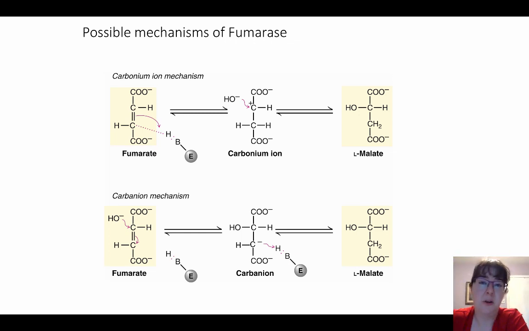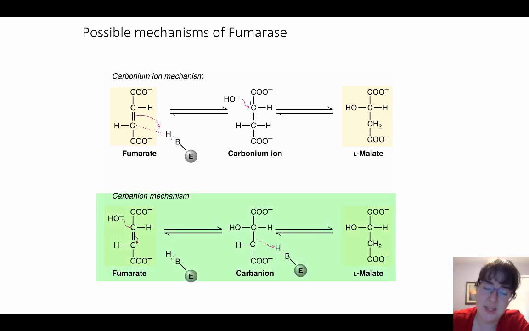So both of them are going to involve a hydroxyl group. Both of them are going to involve a proton from the enzyme. So they have that in common. The question is what happens first? So in the carbonium ion mechanism, you have first that the substrate abstracts a proton from the enzyme, leaving you a positive charge on your carbon, which then is open to the attack by the hydroxyl group, adding that hydroxyl group to give you L-malate.